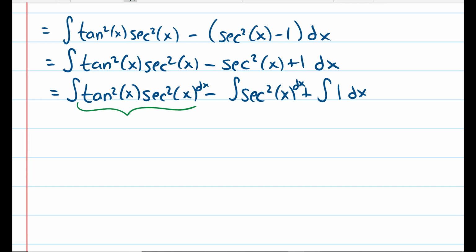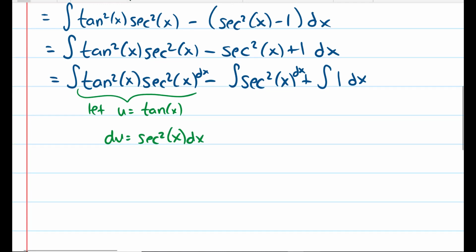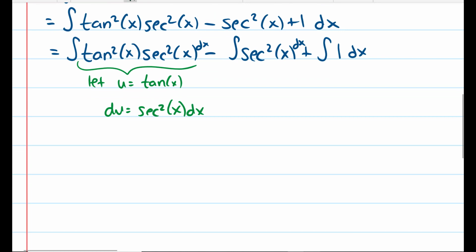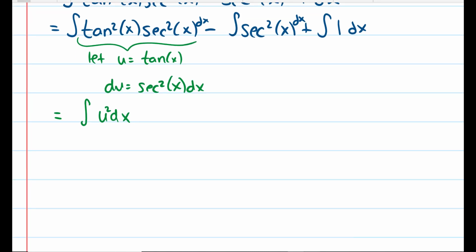So from here, I'm going to work out each integral separately. I'm going to work with this one now. And for this one, I'm going to let u equal tangent of x. So du is going to be secant squared x dx. So I'm going to do this integral out in green. And I'm going to get this is going to be equal to the integral of u squared du, because it was tangent squared.